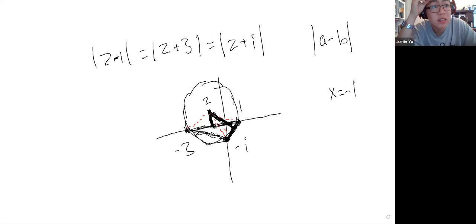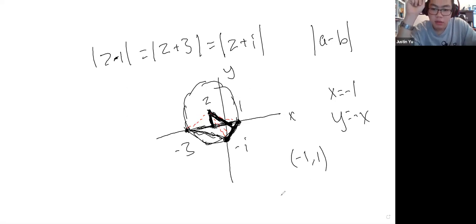I'm trying to get through this quickly so that I can move on to the last problem, which is a really great example of why bashing everything with algebra is not always the move. I get y is equal to -x as the other one. We want the intersection of these 2 lines, and they intersect at (-1, 1). Because x is the real axis and y is the imaginary axis, we once again arrive at -1 plus i.